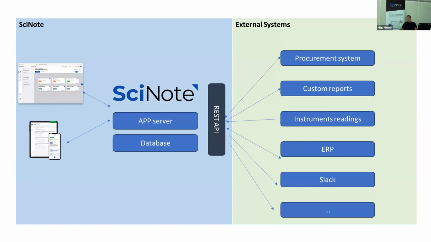You can integrate it with instrument readings. Slack here is a wonderful example where webhooks would come in handy. If you want to observe changes in your experiment, those can be quite easily piped into Slack, so you get a nice notification if something changes. Next slide, please.